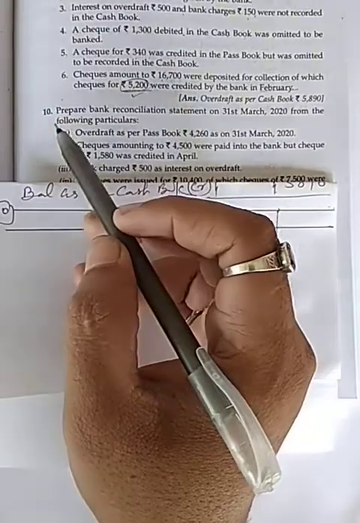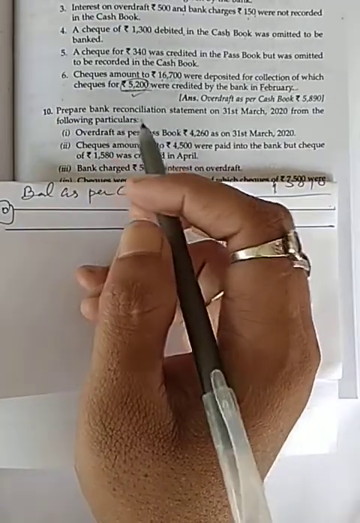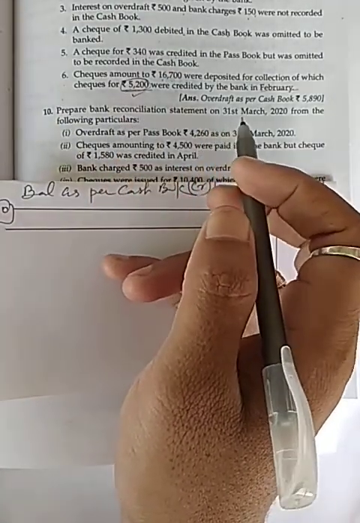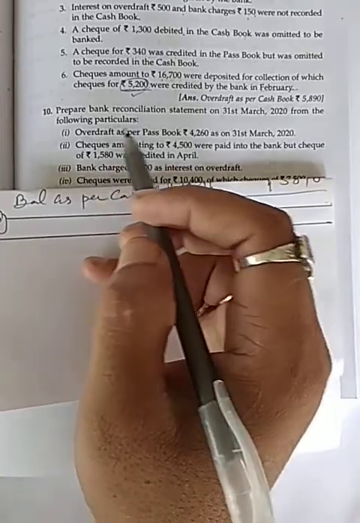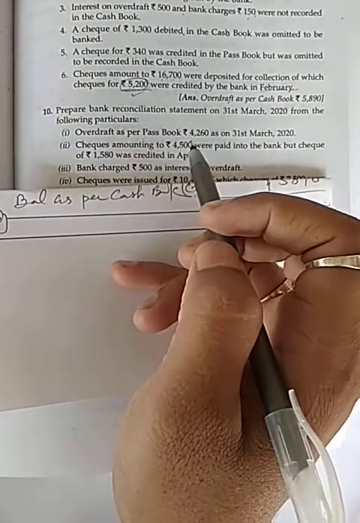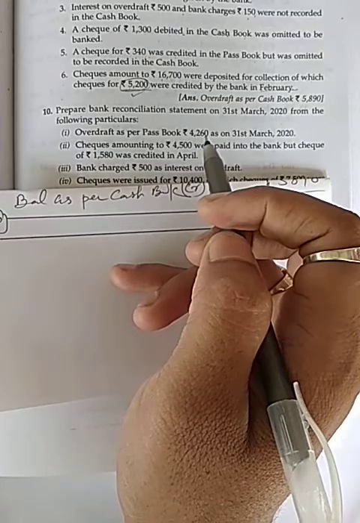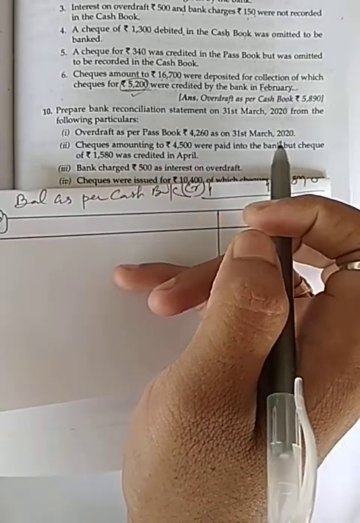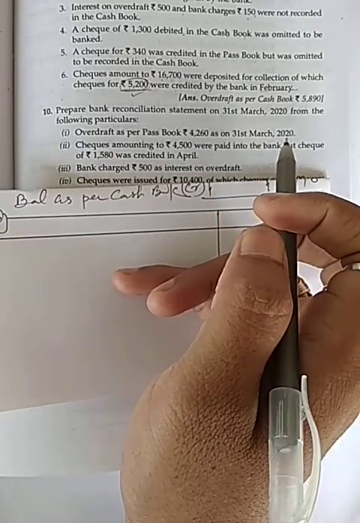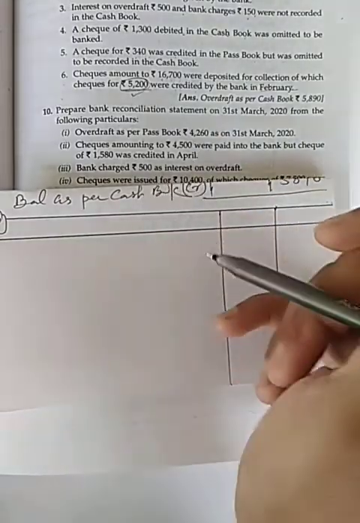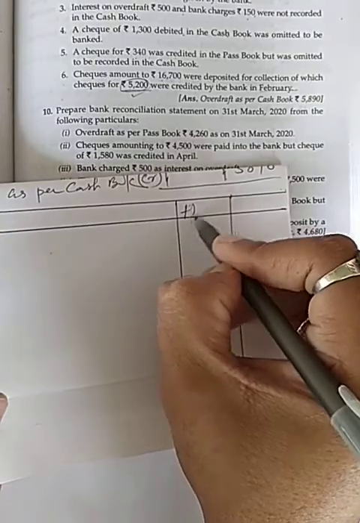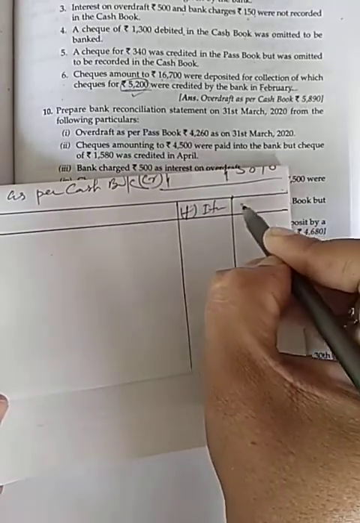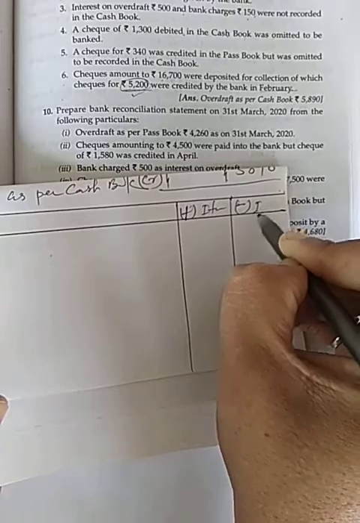Student, question number 10 is saying prepare bank reconciliation statement on 31st March 2020 from the following particulars. First overdraft as per passbook 4260 as on 31st March 2020 is given. As you know, student, this is particular and plus item and minus item.